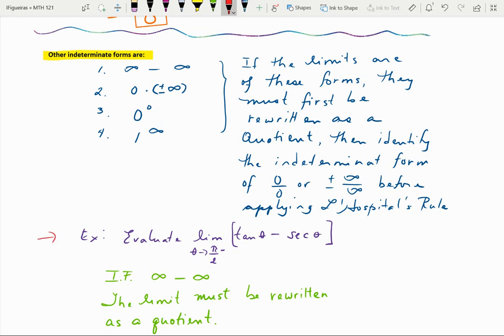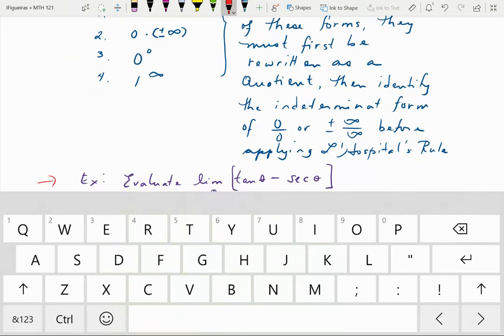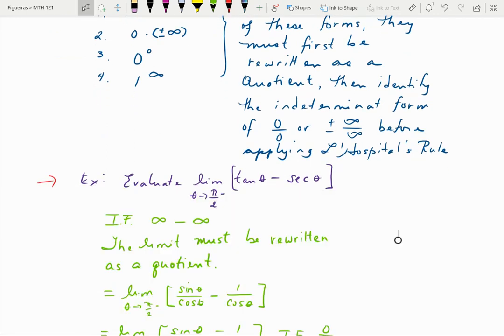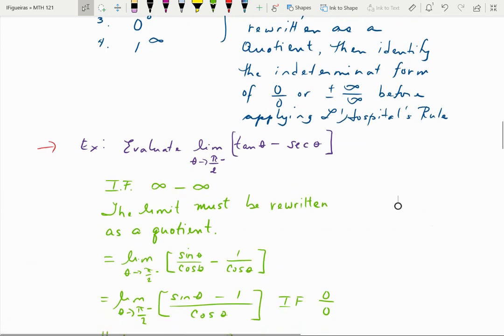All right, so let's move on to this example right here. I have to evaluate the limit as theta approaches pi over 2 from the left of tangent of theta minus secant of theta. So if you were to directly substitute, you would get that the indeterminate form is infinity minus infinity.